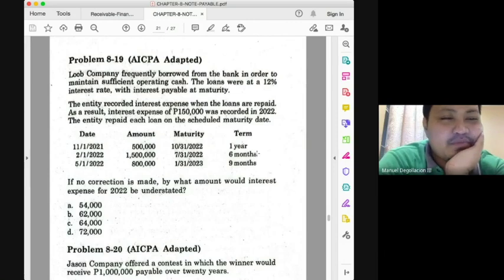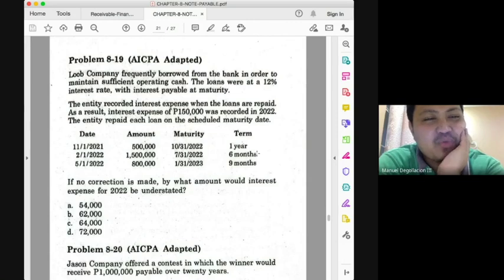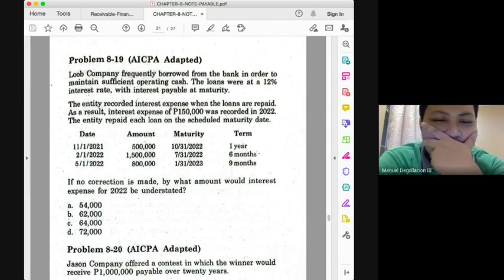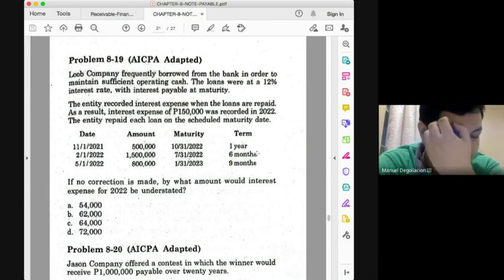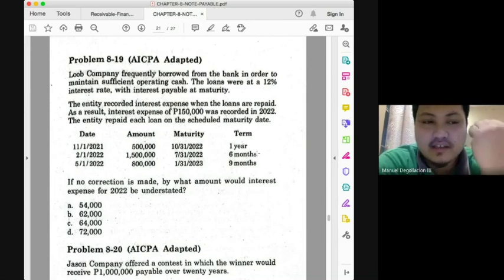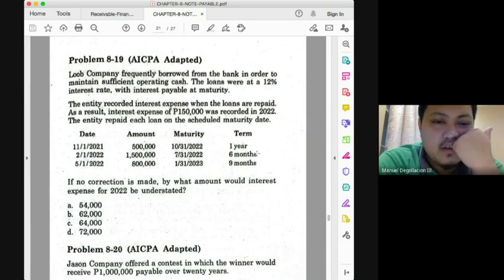So the first note here would be the one that was issued on December 1, 2021, meaning last year. Because our perspective here is for 2022. Its maturity will be this year. Since no payment happened in 2021, no interest expense was recognized last year.